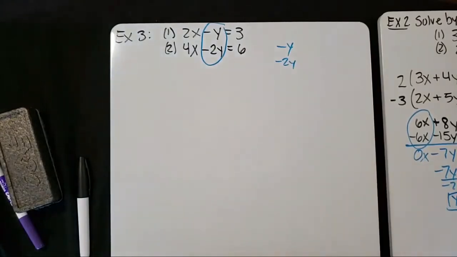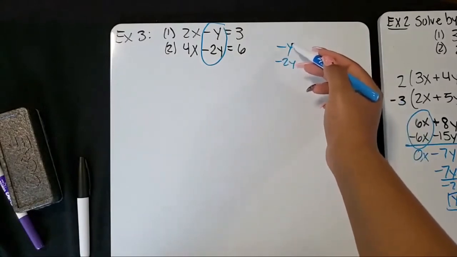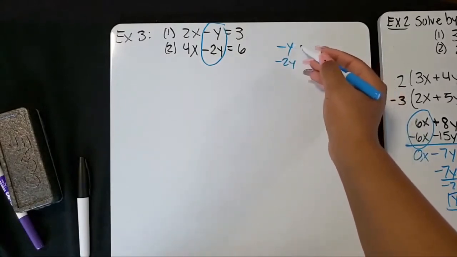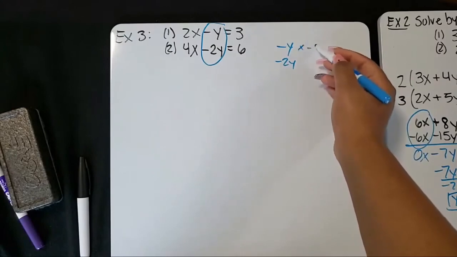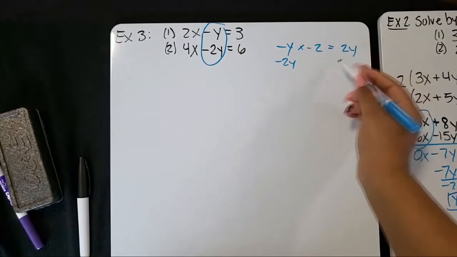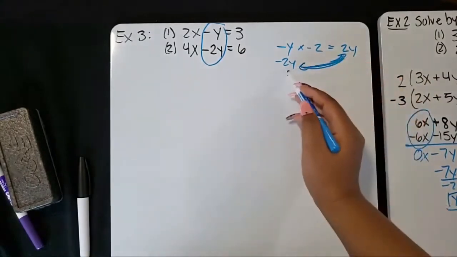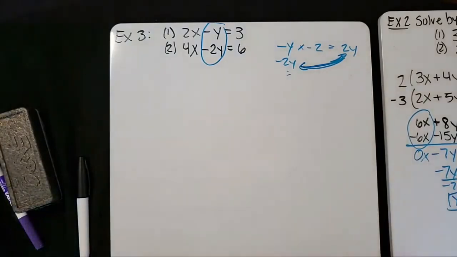So if I take this negative y, if I multiply it by negative 2, I'll get 2y, which will cancel with this negative y, right?